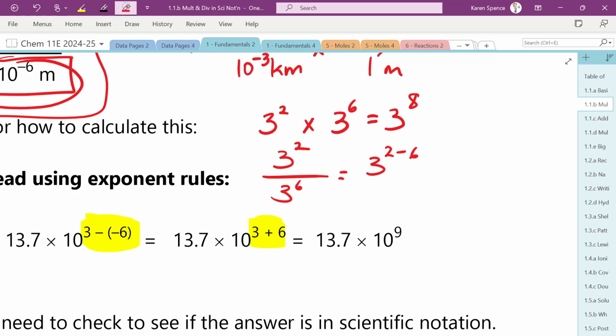And question, is this in correct scientific notation? No, what's wrong with it? Yeah, in scientific notation, you can have only one non-zero digit.